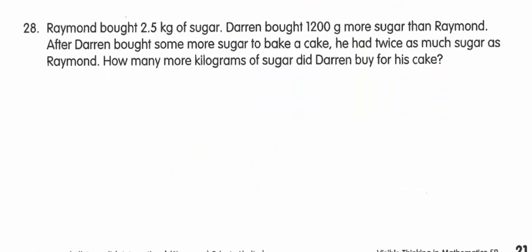So Raymond 2.5 kg of sugar, Darren 1200 grams more than Raymond. So in this case here, Darren bought some more sugar. And after he did that, he had twice as many sugar as Raymond. I want how many more kilograms of sugar did Darren buy for his cake?